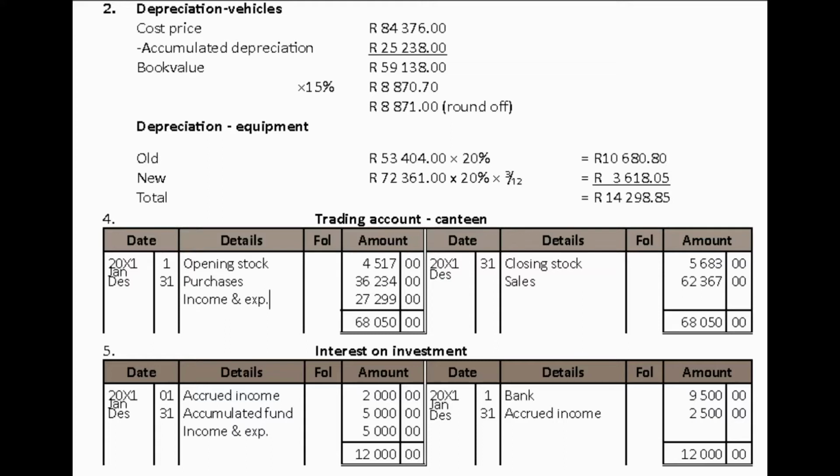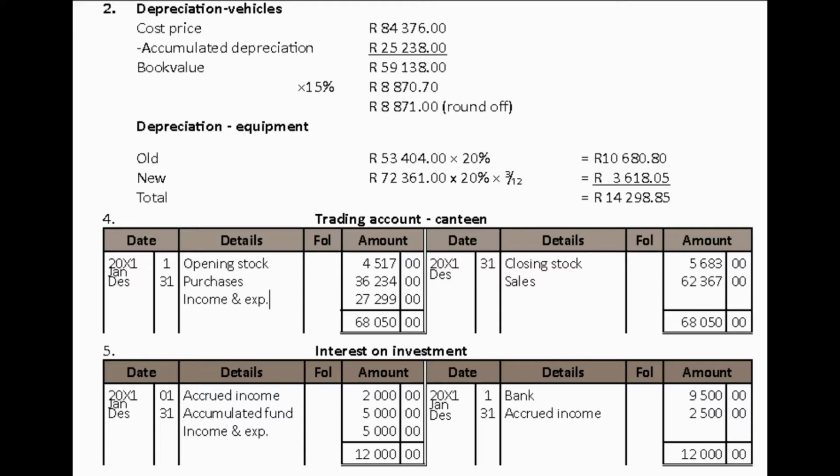That is the diminished balance. Remember, diminished balance is cost price less accumulated depreciation. If you multiply that by 15%, you get 8,870.70, but you must round off to the nearest rand. So you're going to round off that amount to 8,871. And that is the depreciation for the vehicles.